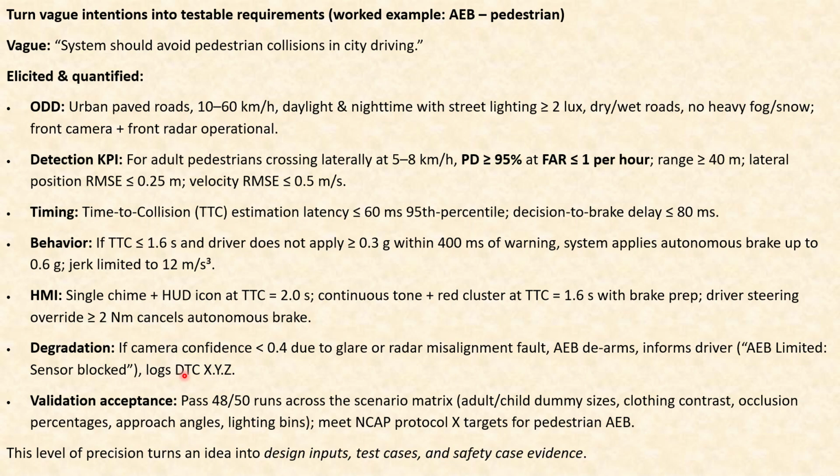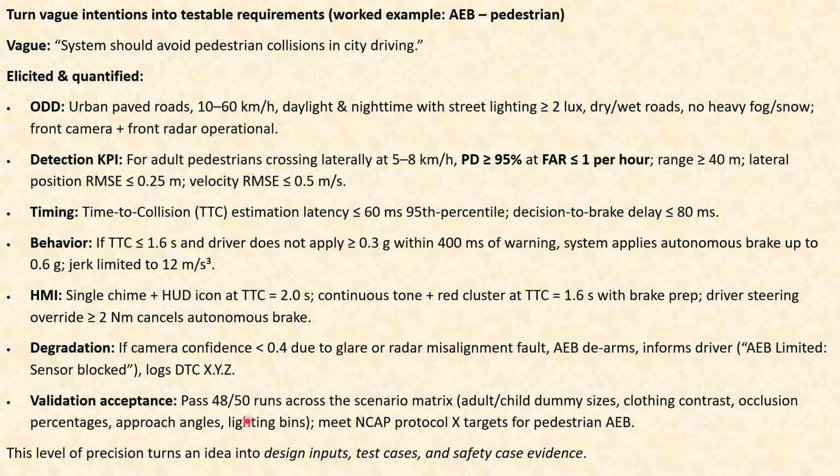So if any degradation or fault of the sensor happens, then a DTC or a freeze frame is immediately logged, which can be XYZ. DTC nomenclature is beyond the scope of this particular video. Just understand that a DTC will be logged. Now, when it comes to validation acceptance: pass 4850 runs across the scenario matrix.